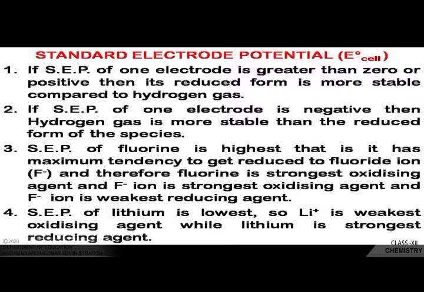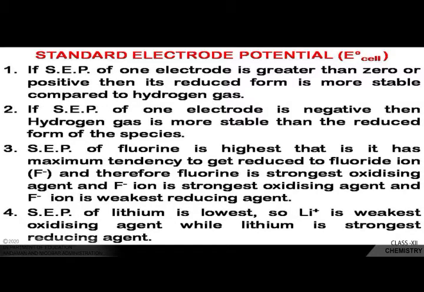The standard electrode potential of fluorine is highest, that is, it has maximum tendency to get reduced to fluoride ion, and therefore fluorine is the strongest oxidizing agent, and F negative ion is the weakest reducing agent. The standard electrode potential of lithium is lowest, so lithium is the weakest oxidizing agent while lithium is the strongest reducing agent.